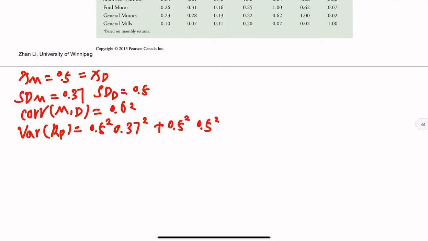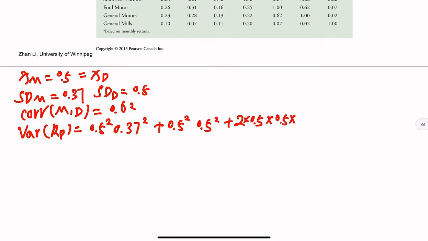Because the standard deviation of Dell is 0.5, the variance of Dell stock is 0.5 squared. Then plus 2 times the portfolio weights times the covariance.